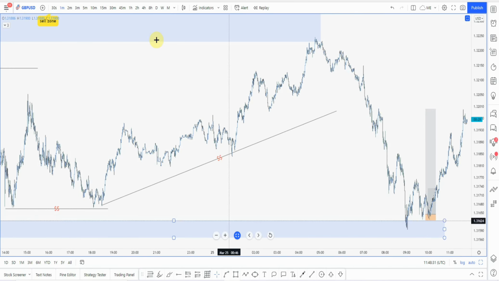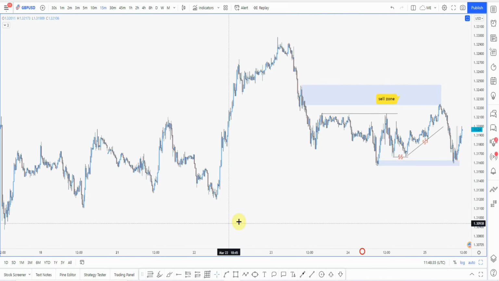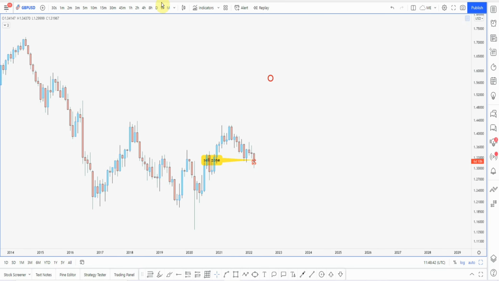And this I am explaining to you on 15 minutes or 1 hour, but I always go to the higher time frame, like monthly, weekly and daily. This is higher time frame.